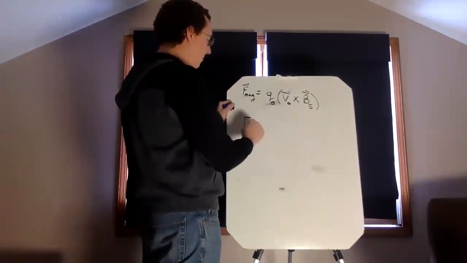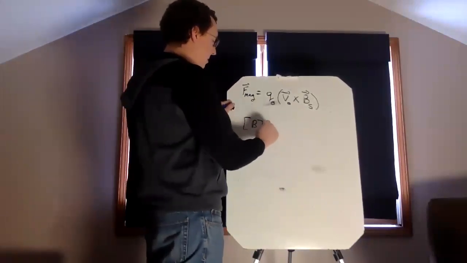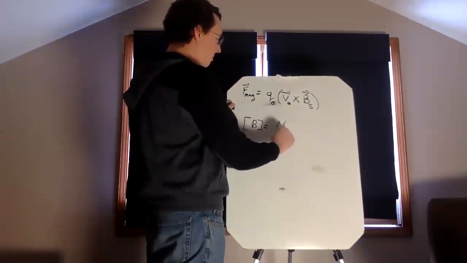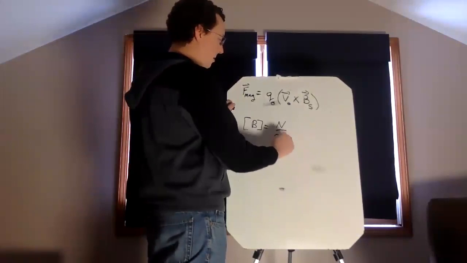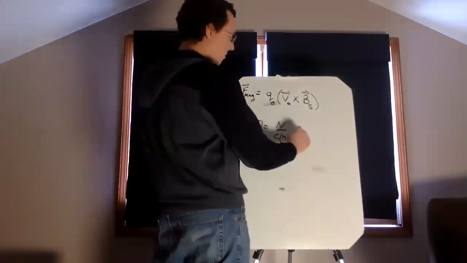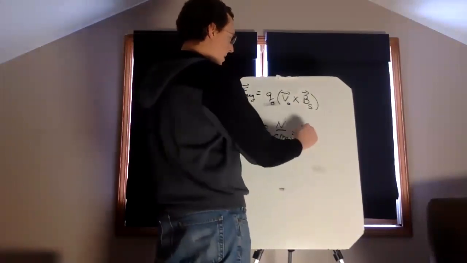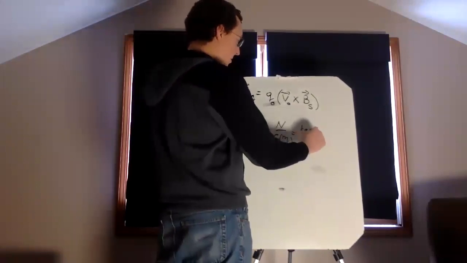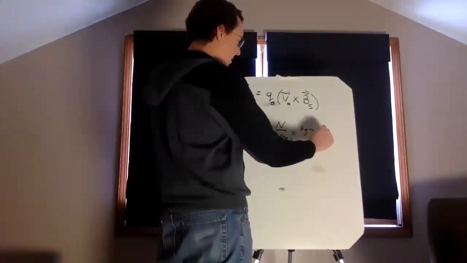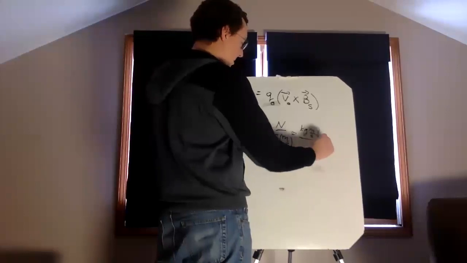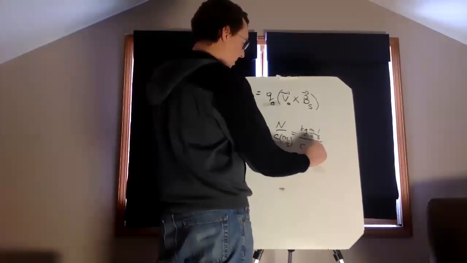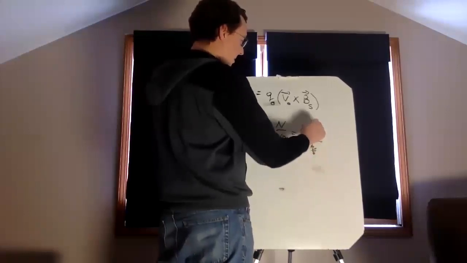So the units of a magnetic field are going to be newtons per Coulomb meter per second, which is a kilogram meter per second squared divided by Coulomb meters per second.